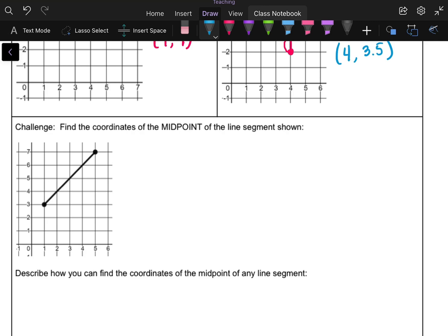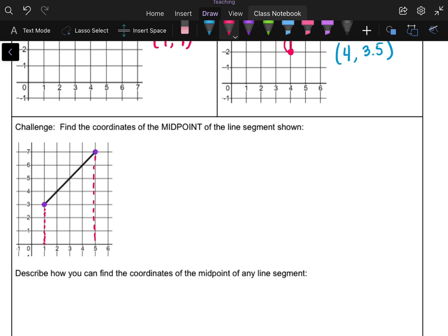So go ahead and pause the video, try to find the coordinates of the midpoint in this line segment here. And then I will talk us through some strategies you can use here. So the first one is just thinking about finding what's halfway between both our x and our y. So I'll think of dropping down my x's and y's and finding what's in the middle.